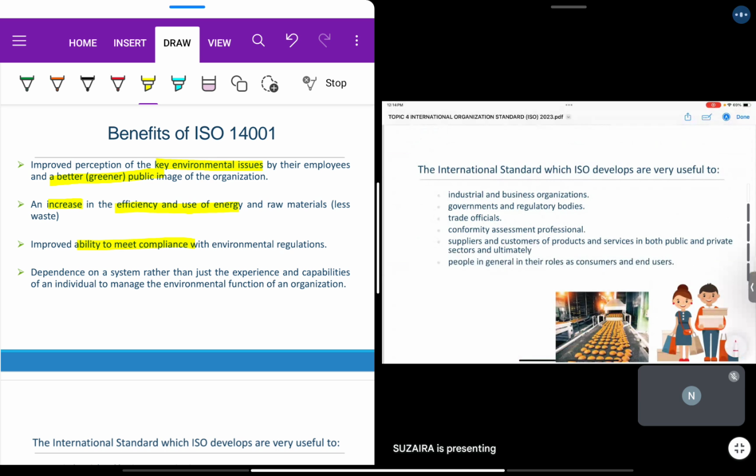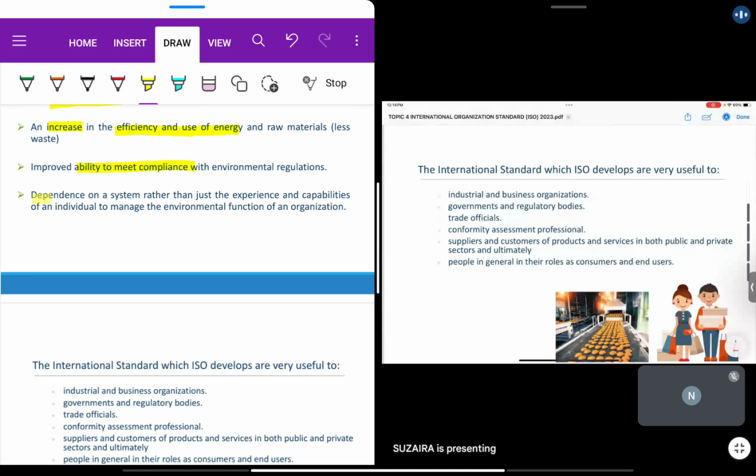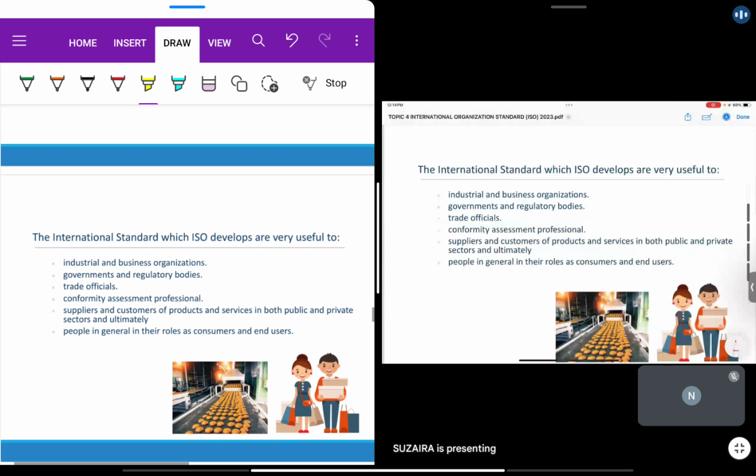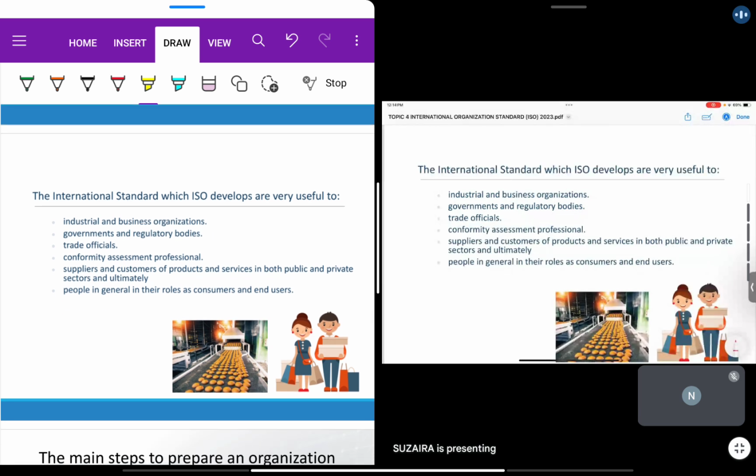So basically, when you develop the ISO, it is useful because, as we know previously, it can give a benefit to society, in terms of businesses and customers, and it also benefits government as well as trade officials. Similarly, it is useful for industrial and business organizations.